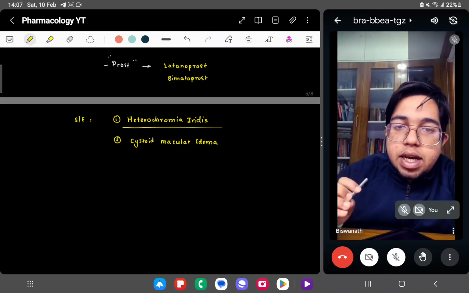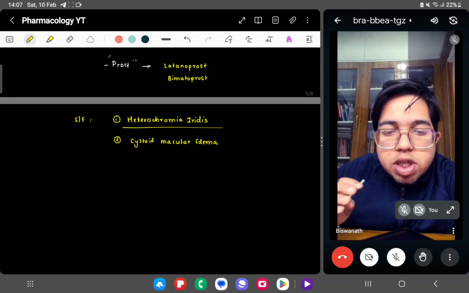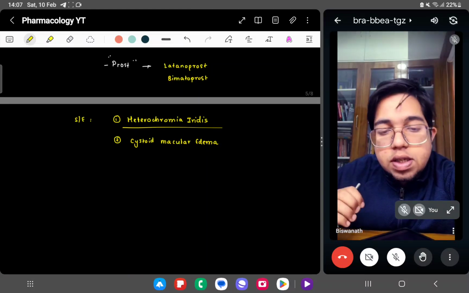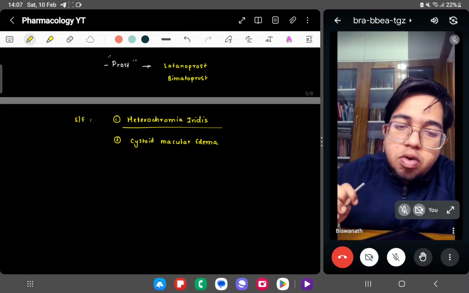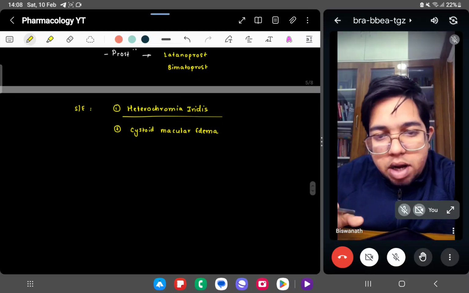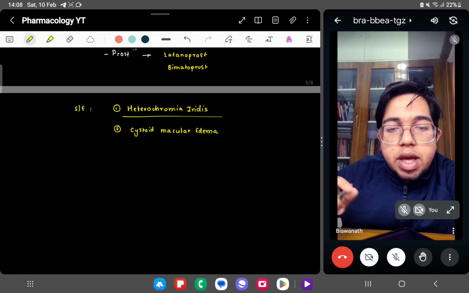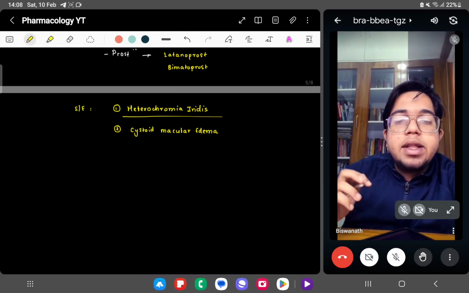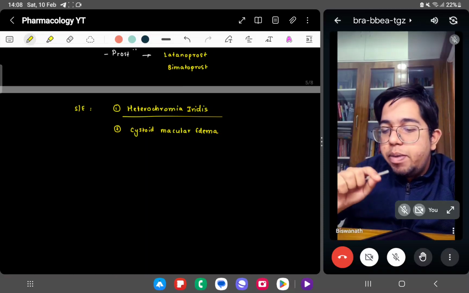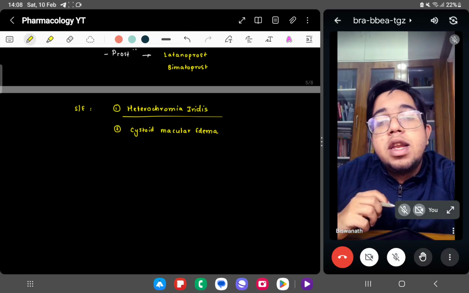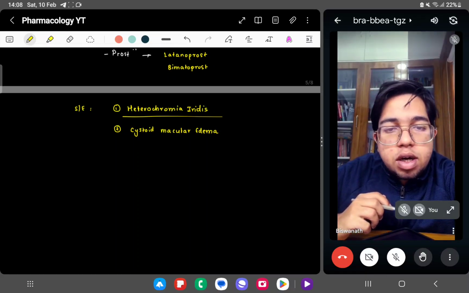Prostaglandins are causing the inflammation, and due to this, edema will be caused. Where there is inflammation, there will be edema as well. You will see in fundoscopy, if you take a fundoscopy of the eye, the cystoid macular edema will look like a yellowish circle. We'll leave that to the ophthalmologist to talk about.